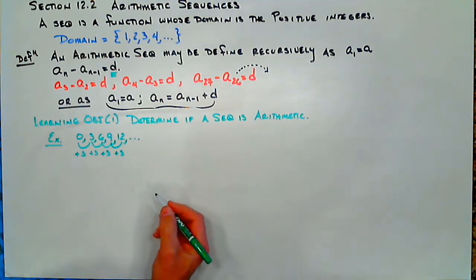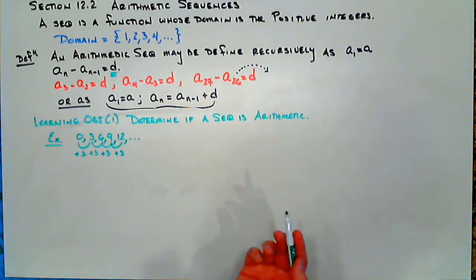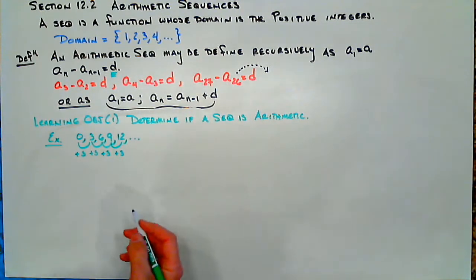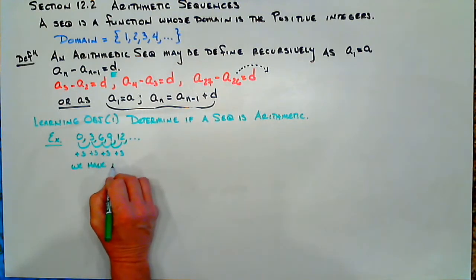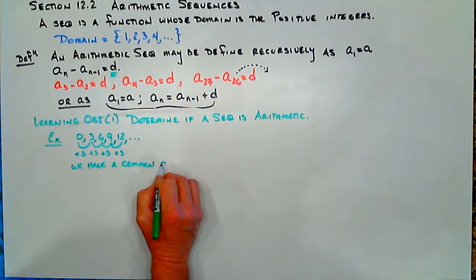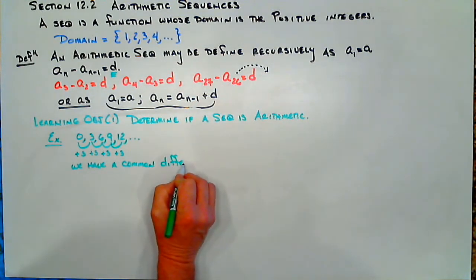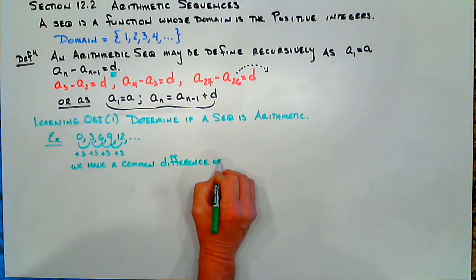We added 3. So, assuming that this dot, dot, dot means that everybody follows the same pattern, which is what it does mean, we have a common difference of 3.